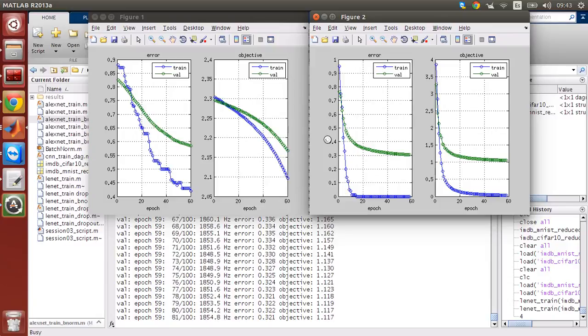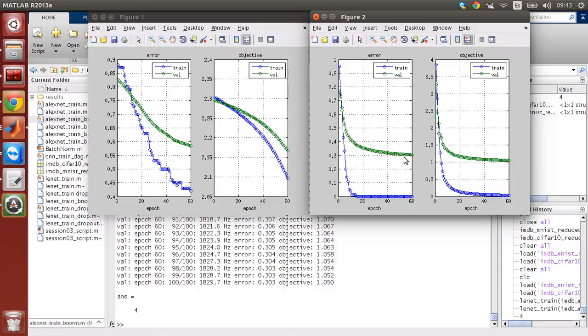The classification error went all the way down to 0%, and the validation error went to 30%, which is already a large improvement in comparison with this one, which was around 60%. The same is true for the objective loss for both train and validation. So yeah, this is the first demonstration that proper initialization can change things a lot.